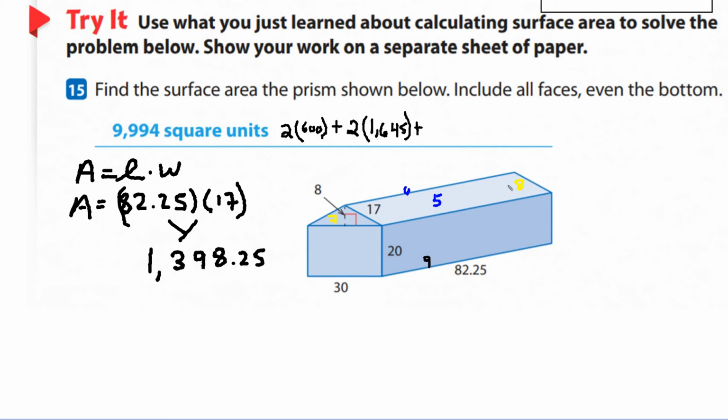That's the right side of the roof, and there's two of them. So we're going to multiply 2 times 1,398.25. Okay, so we're done with that.